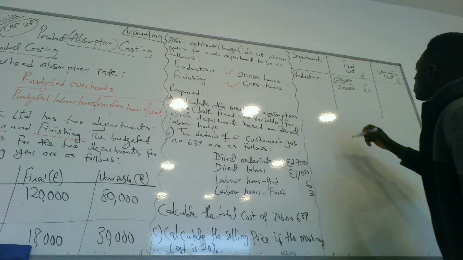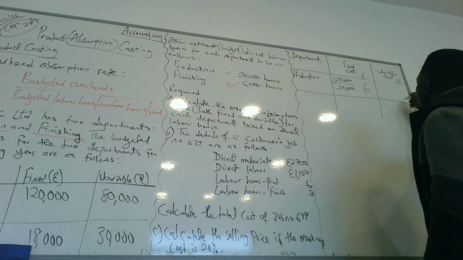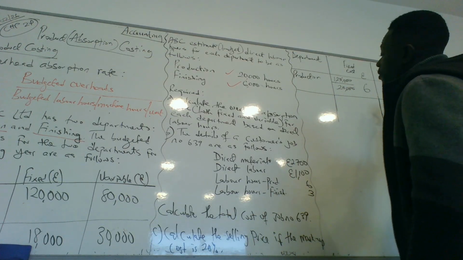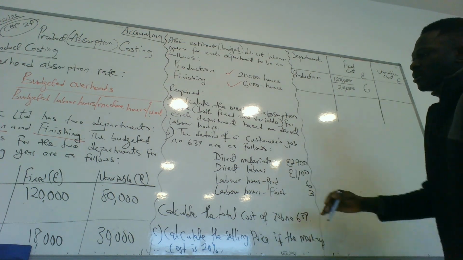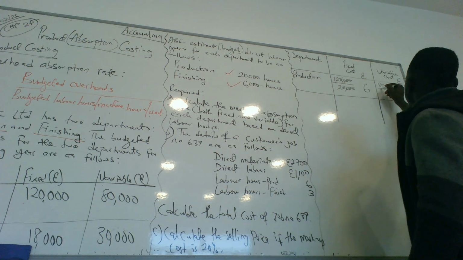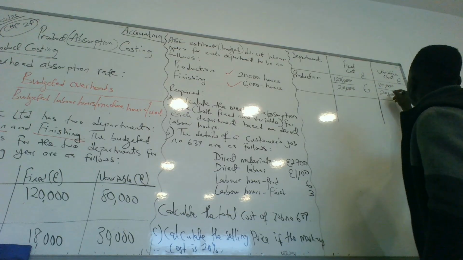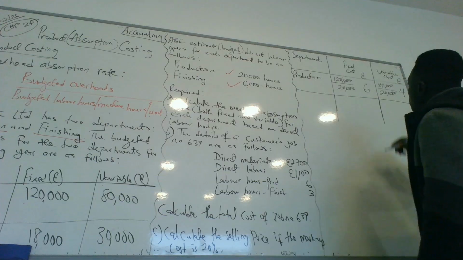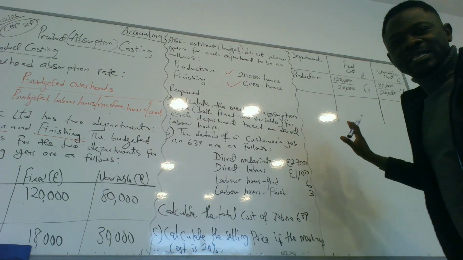Then for the variable cost for production department, still the same, 80,000 euros divided by 20,000. So the variable cost here is 4 euros. So we are done with production department.